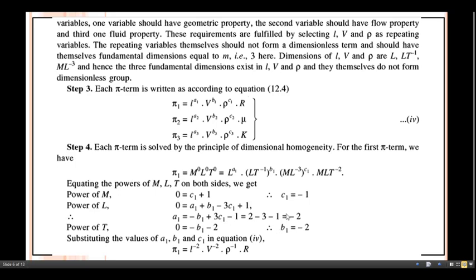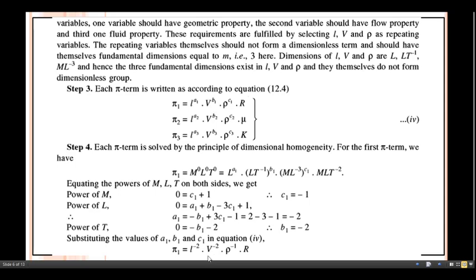Now substitute the values of A1, B1, C1 in this equation and get the value for pi 1. So pi 1 is nothing but, now focus here, L raised to minus 2. The value for A1 we have as minus 2, that's why L raised to minus 2 is written. Now what about the power of the V term?